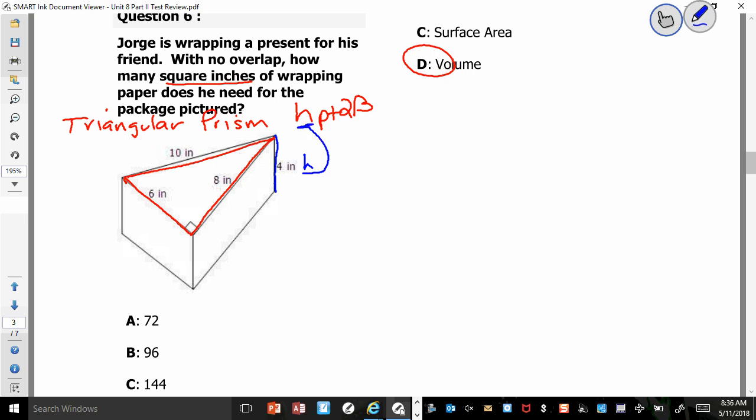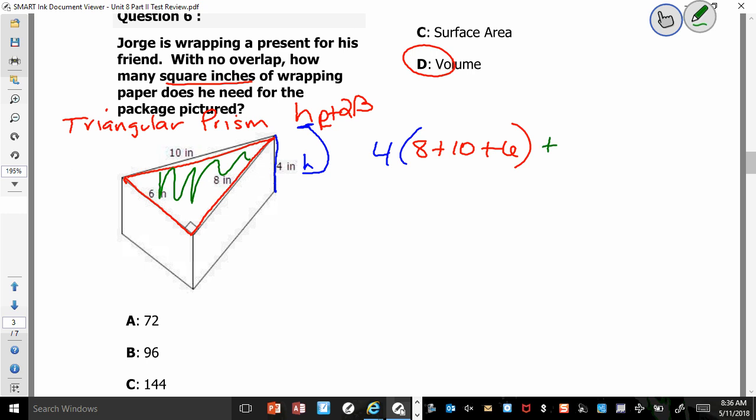So we're going to plug in 4, and we're going to multiply it by the perimeter. The perimeter is the perimeter of the base. So it's 8 plus 10 plus 6. Okay? And then big B is this, right? Area of the triangle.